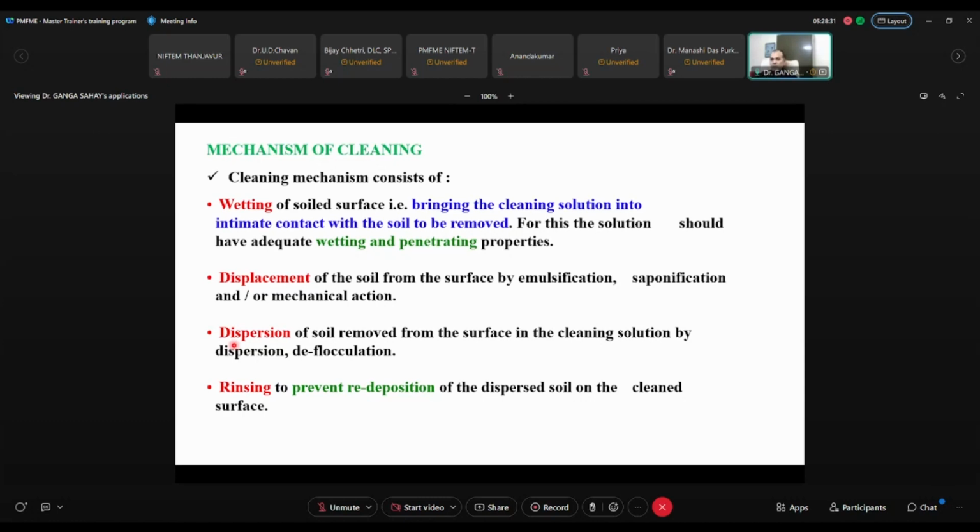The soil will be displaced from the surface by emulsification, saponification, or by mechanical action, and then it should get dispersed into the water, removed from the surface in the cleaning solution by dispersion and deflocculation, and finally rinsing to prevent the redeposition of the dispersed soil on the cleaned surface.